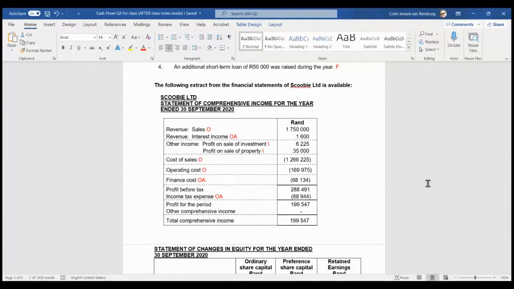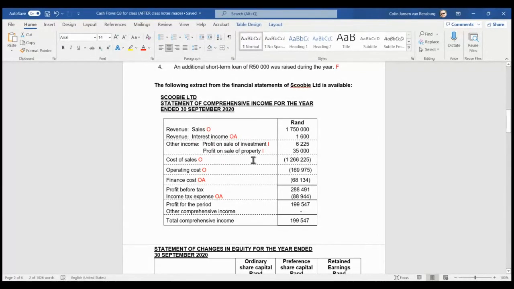Now, the interest income, the way that we've got to think this through, it has already been taken into account in arriving at your profit before tax. So it's already in there, but it's not part of your operations. So therefore, we've got to go and adjust for it.